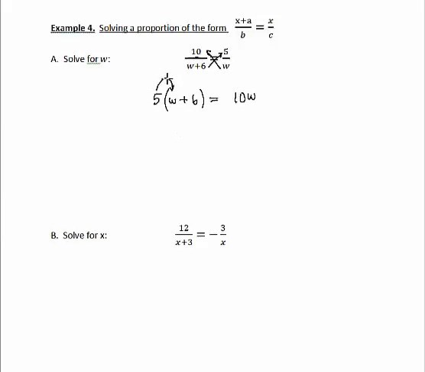Our first step is to get rid of the parentheses, distributing the 5. We get a 5w plus 5 times 6, 30. This equal sign looks a little like a Z. That's supposed to be equal.